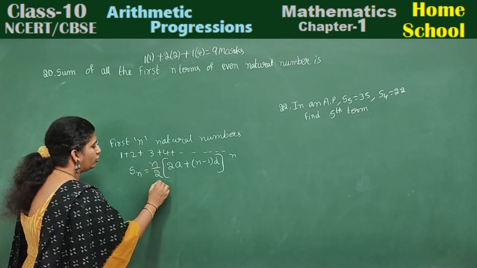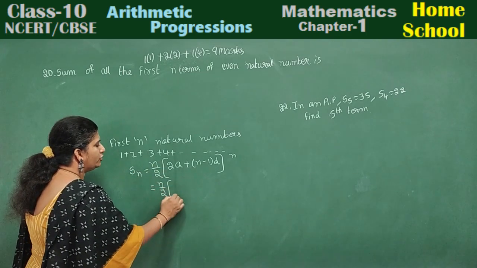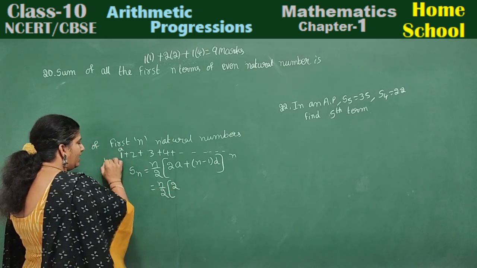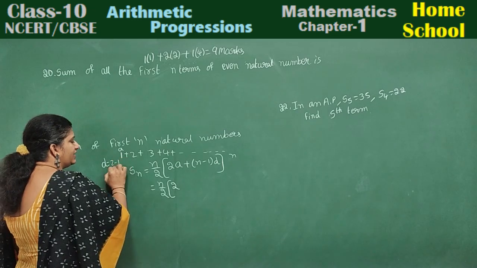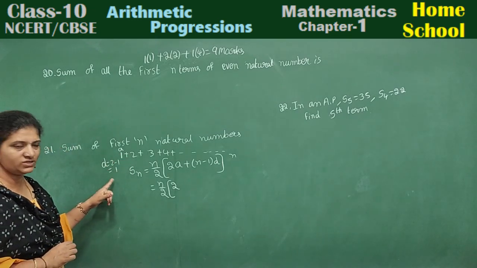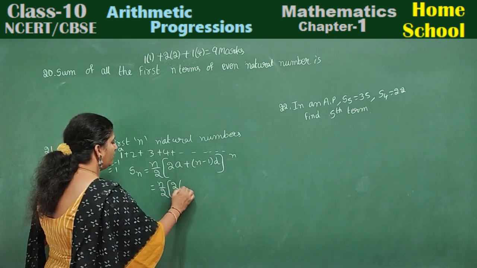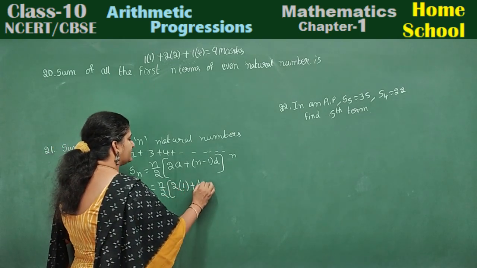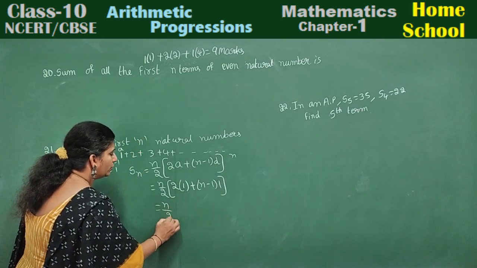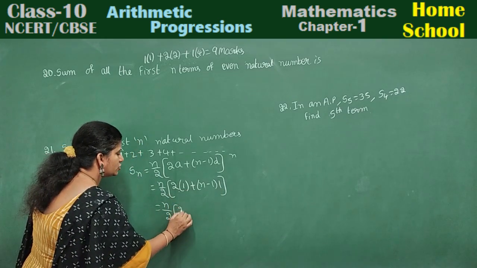So n value we don't know, as it is 2a. A value is 1 and d value is 2 minus 1, that will be 1. A value 1, d value is 1. D is common difference. Substitute here 2 into 1 plus n minus 1 into 1. That will be n by 2 into 2 into 1 is 2.